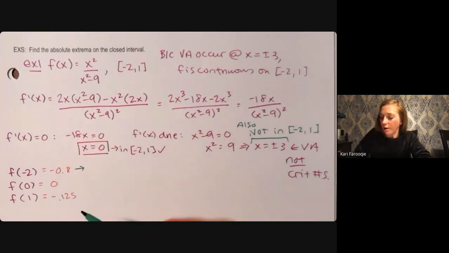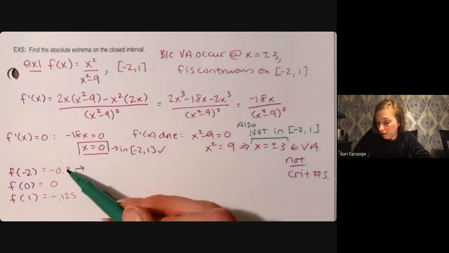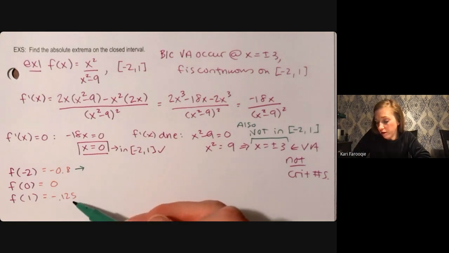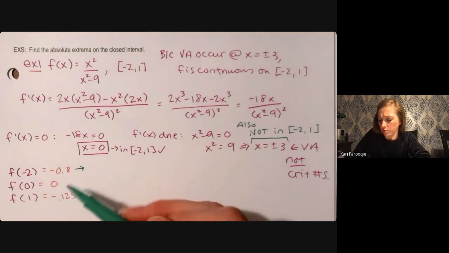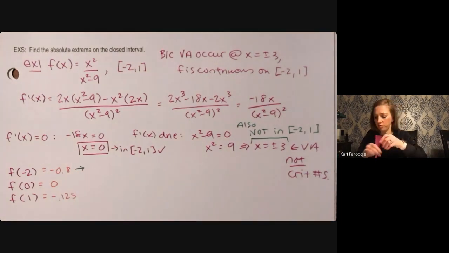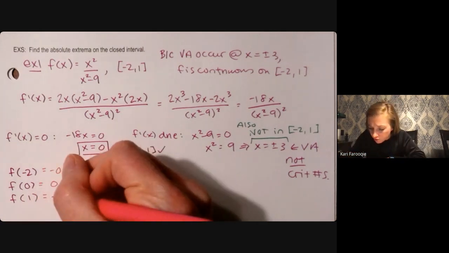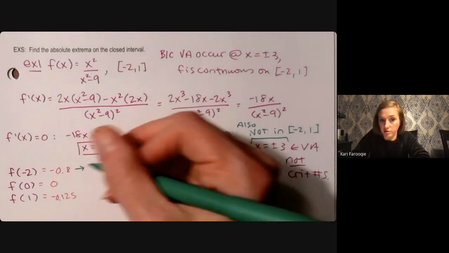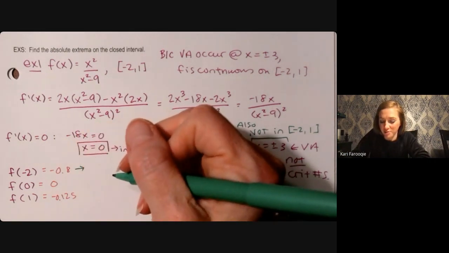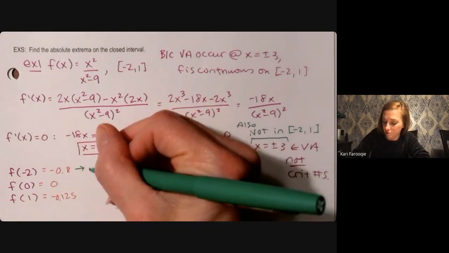Okay, all right. Notice that -0.8 is actually a smaller value than -0.125. It's more negative. You can always just look at the number that comes after the decimal. Maybe it would be helpful if I put the 0 in front of the decimal. But the smallest value you're seeing here is -0.8. So this would be our absolute minimum.